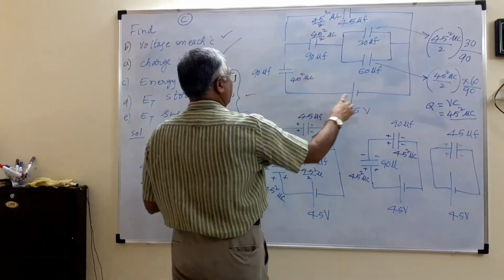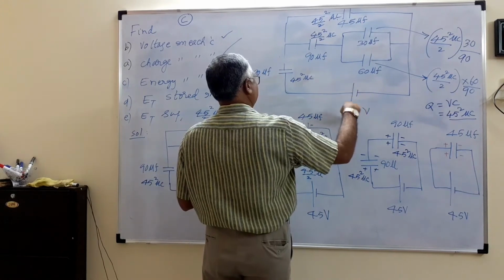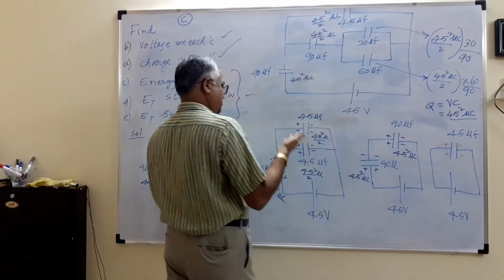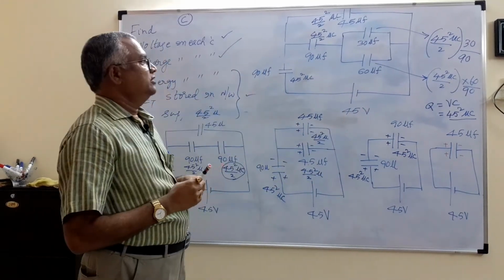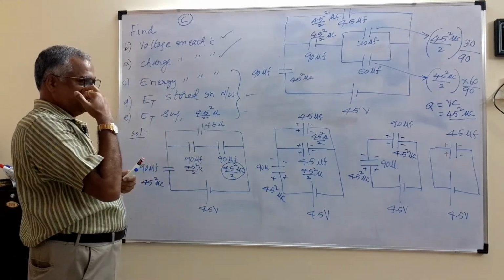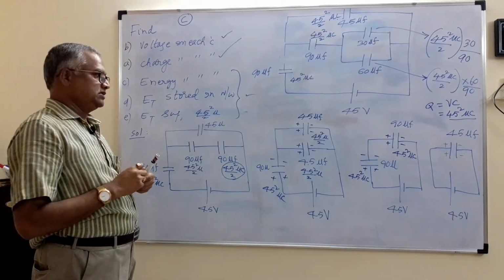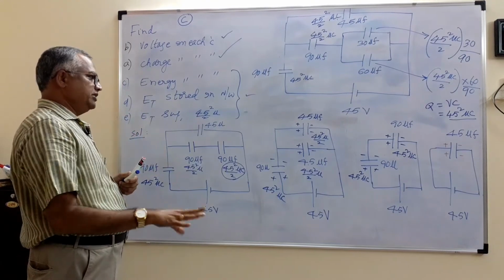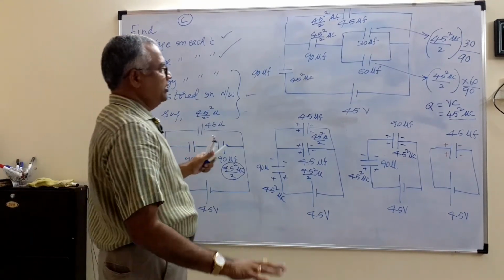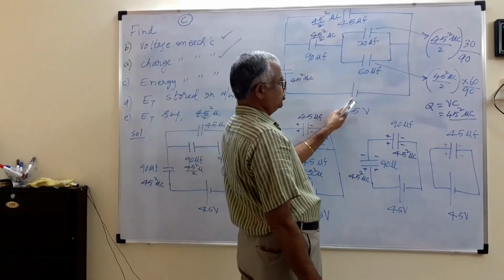Next, I am not analyzing with the current source. If you apply current source, all capacitors will be charging, then voltage will be increasing. At one stage capacitors will blast, melt, damage. So let us not analyze with the current source.